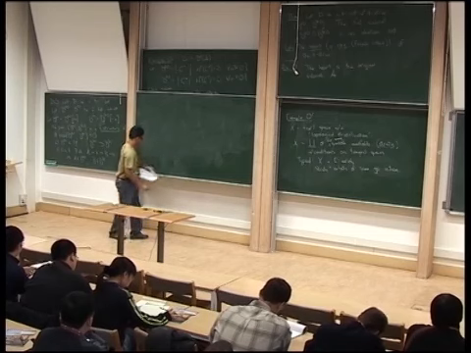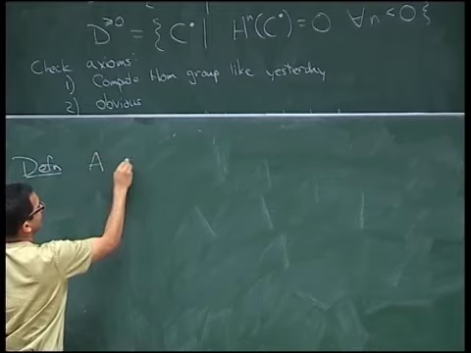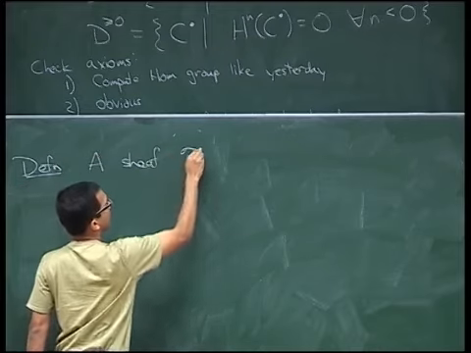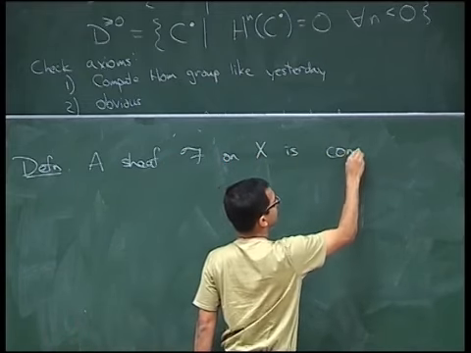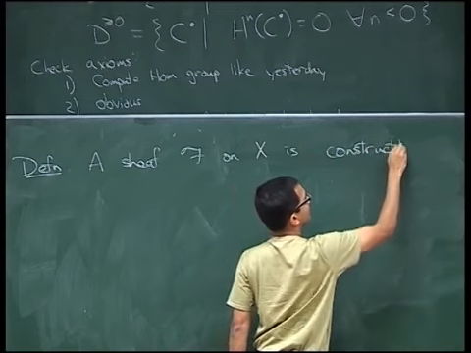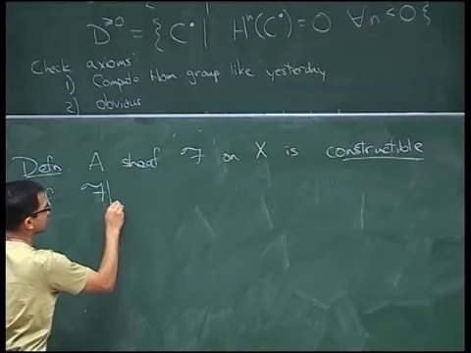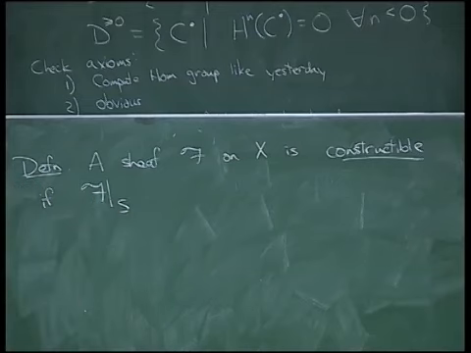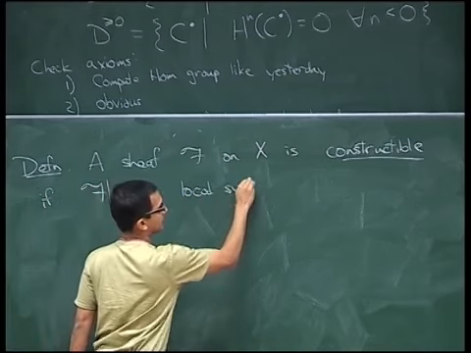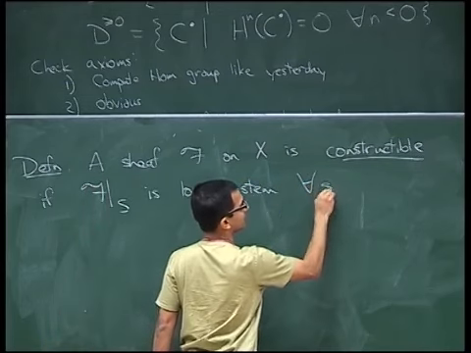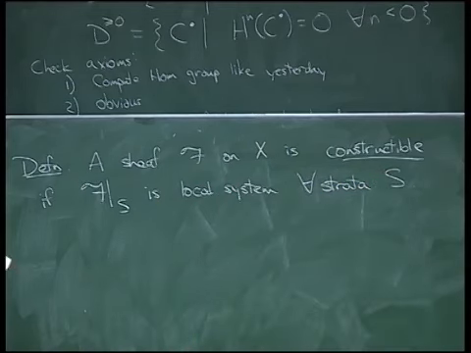Okay, and then here's a definition. A sheaf F on X is said to be constructible if its restriction to each stratum S is a local system, for all strata S. Okay.